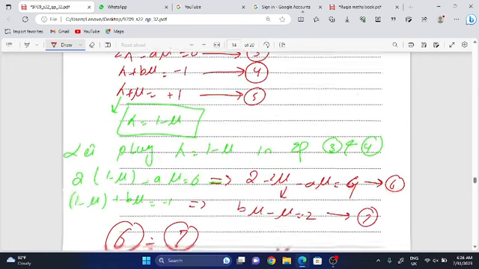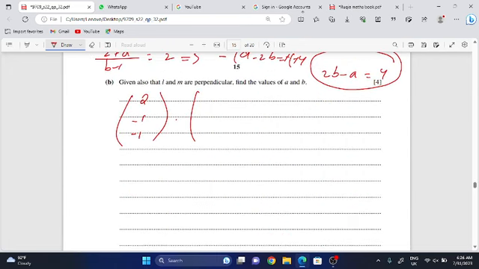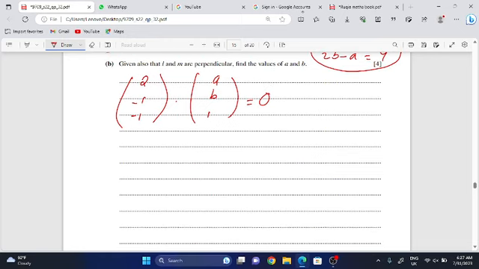So a, b and 1 are the coordinates for M. a, b, 1. That should be equal to 0. So as a whole, after the dot product, it would be converted into 2a minus b minus 1, which is equal to 0.